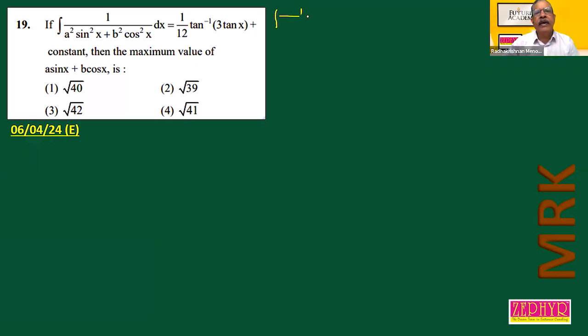Integral 1 by a squared sin squared x plus b squared cos squared x. If there is a constant term also, the same method you have to use.